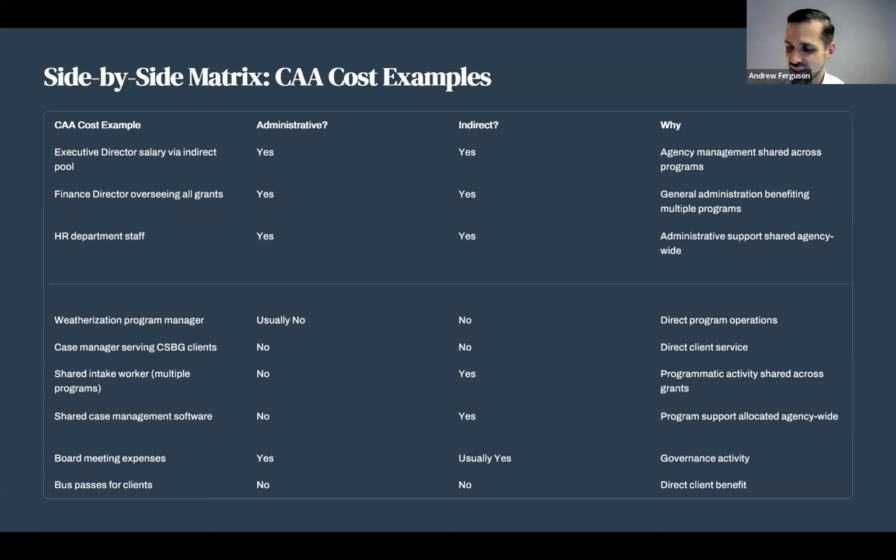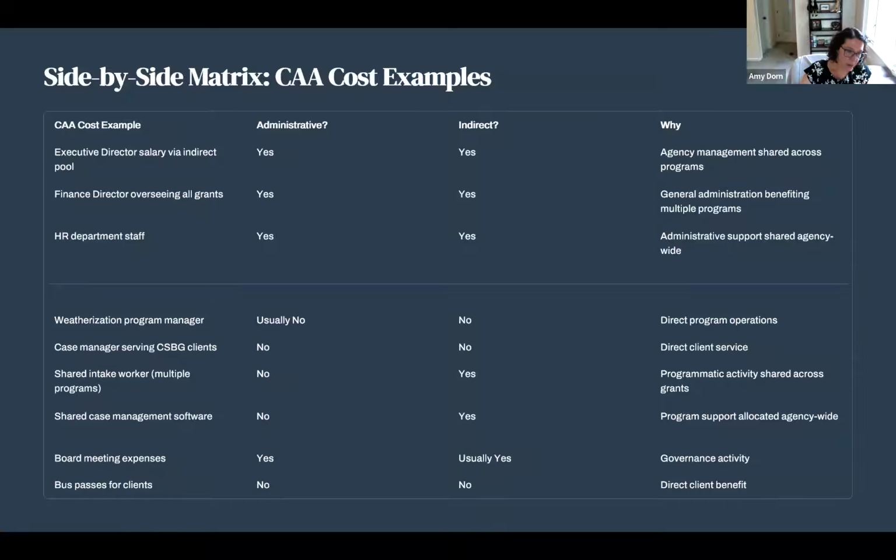So here's your community action agency cost examples. Executive director salary, administrative and indirect. Sure, but maybe not all of it. Finance director overseeing all the grants. Administrative, yes, that's administrative. Indirect, also that. HR department staff, yes. And indirect, definitely.